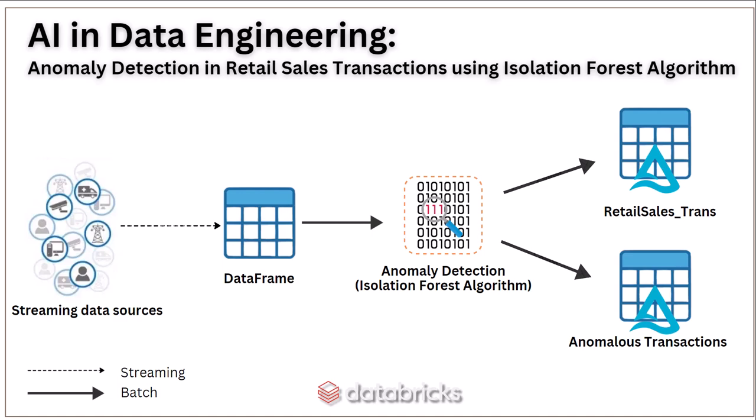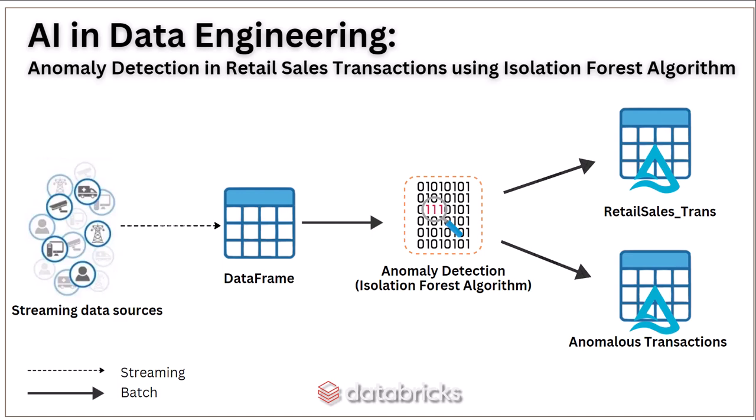You can observe a data flow diagram that retrieves data from a streaming source such as Kafka and so on. The data is then stored in a data frame, and anomaly records are detected using isolation forest for each customer ID. This detection is based on the comparison of the product list within each customer's set, which stores all the records.